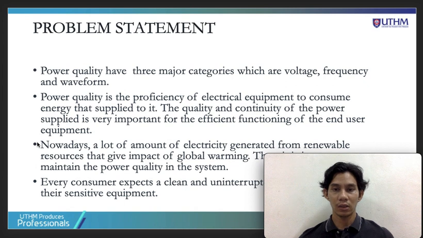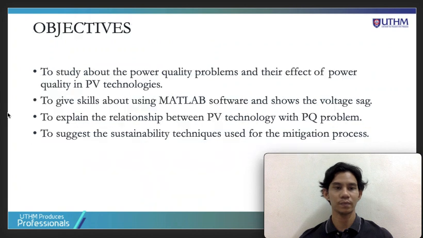The quality and continuity of the power supply is very important for the efficient functioning of the end user equipment. Nowadays, a lot of electricity is generated from renewable resources because of the impact of global warming. So we need to reduce this global warming and maintain the power quality in the system.